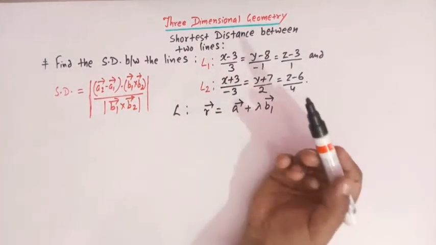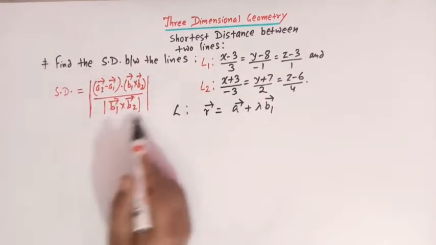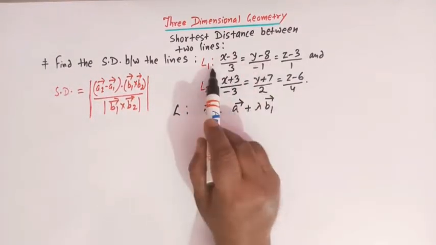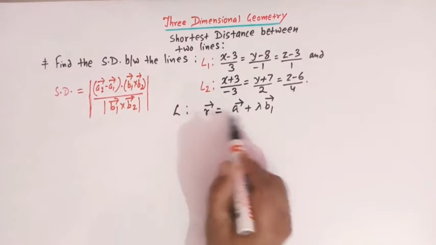Now when we apply this formula, we can change the equations of these two lines into vector form.